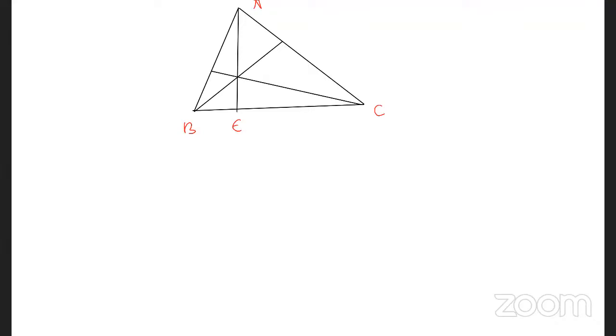So now 90-degree angles will be forming where your altitudes are lying, here, here, and here.